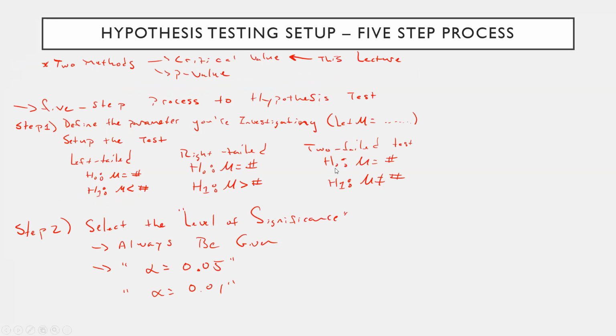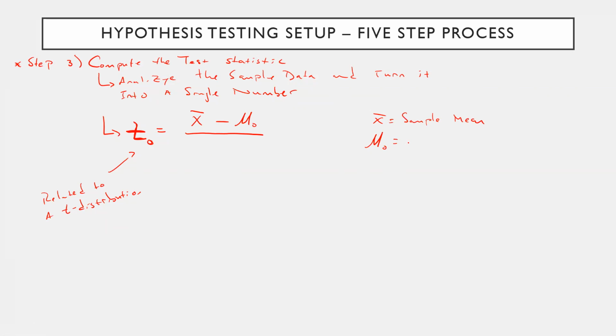All right, so what mu sub 0 is, it's the assumed population mean, and where you find it is in the null hypothesis. Okay, you're going to divide this by S, which is the sample standard deviation, divided by the square root of n, and n is just the sample size.